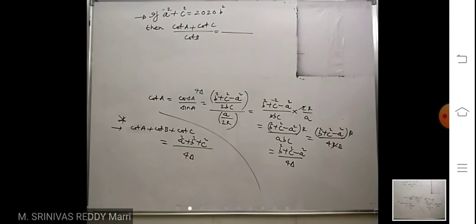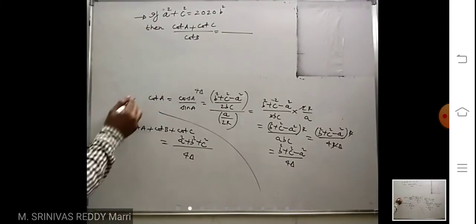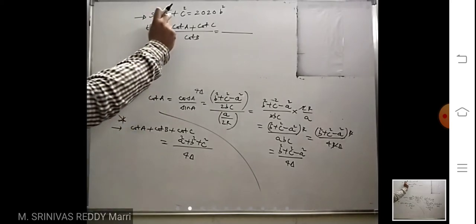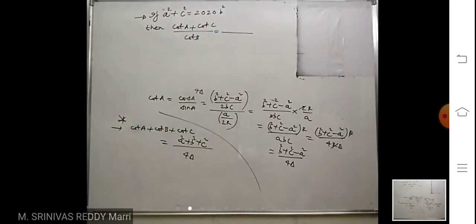Look at the problem. So cot A plus cot C in triangle ABC, this one is given like this. If this is equal to this, find the value of this one.